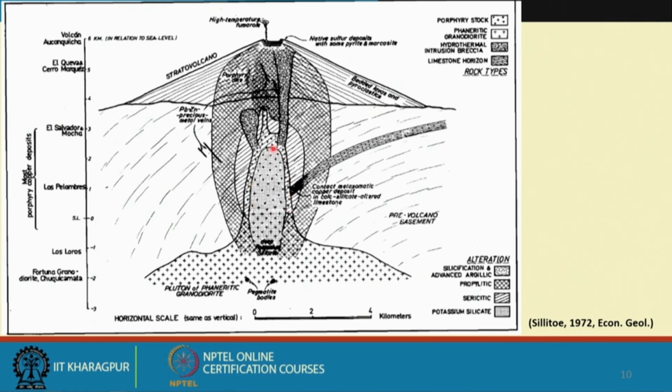They have a porphyritic texture, with some early formed phenocrysts and a groundmass of saccharoidal type texture, and they are associated with other features, for example breccia, and intrude into the country rock, which is schematically shown here. As we know, they occur in continental arc settings, such as the Chilean Andes, where essentially they are stratovolcano type structures.